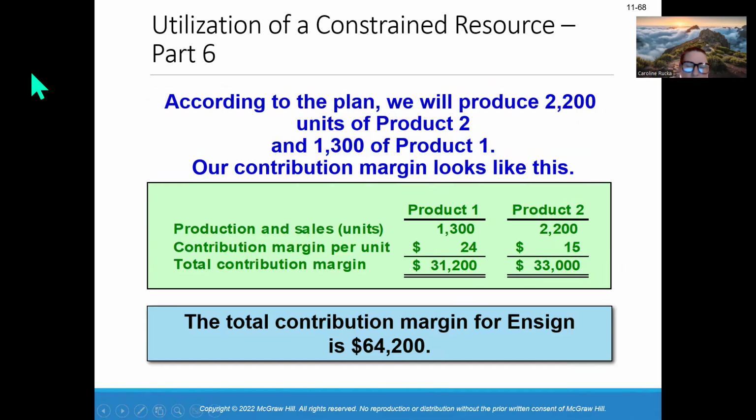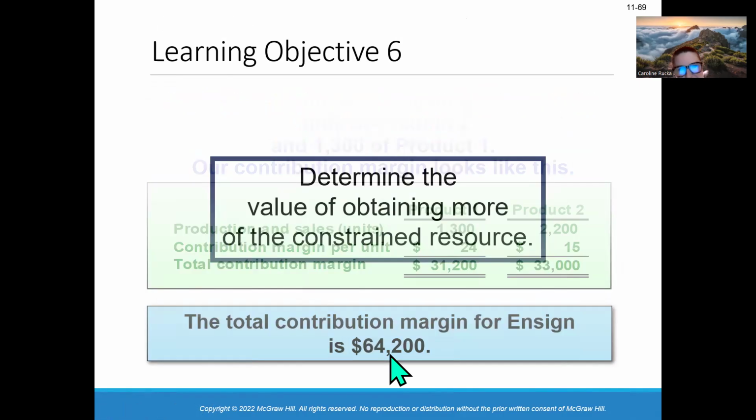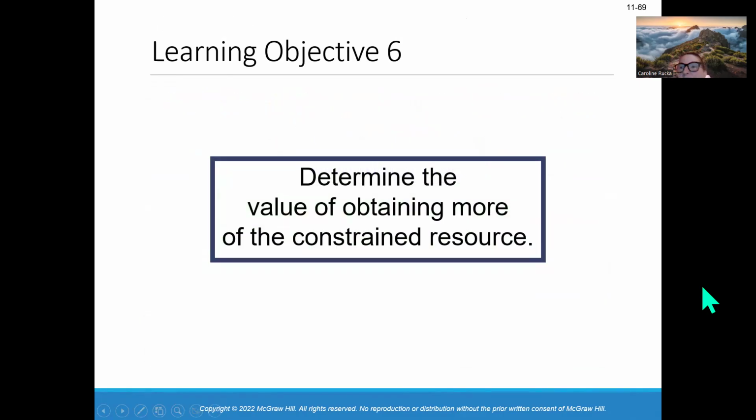So according to the plan we made on the previous slide, we would produce 2,200 of product two, 1,300 of product one. Okay. And our contribution margins would look like this. All right. Our total contribution margin would be 64,200. Okay, so we had to run through all those calculations because we had that bottleneck on that one machine.